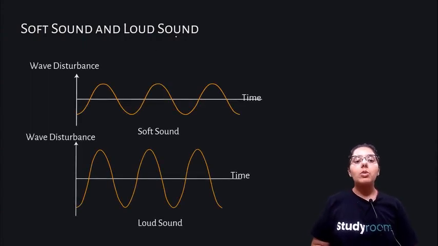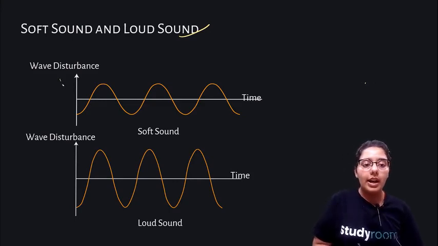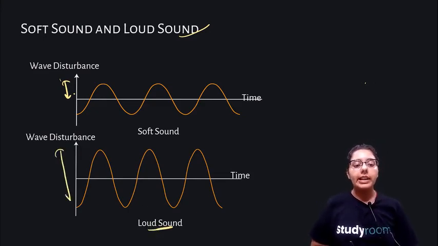Soft sound and loud sound. As you can see, this is your soft sound, where your wave disturbance is lower. The height of the graph is low. And for loud sound, you have a greater amplitude, right?